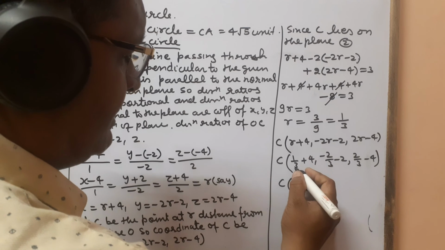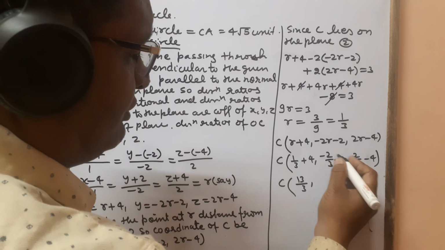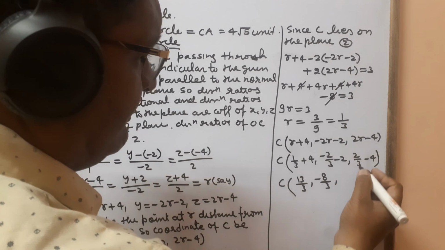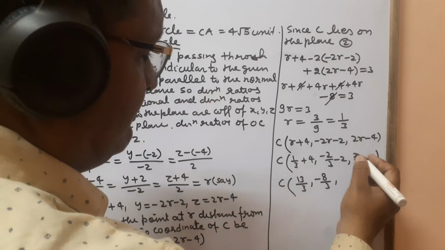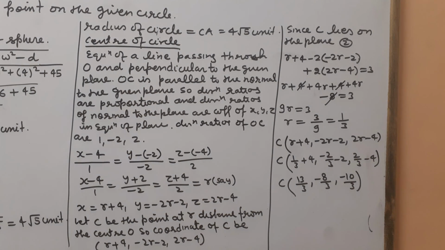Solve this, we get here 3 fours are 12 plus 1, 13 upon 3. This is 3 twos are 6, minus 2, minus 8 upon 3, and 3 fours are 12, minus 12 plus 2, this is minus 10 upon 3. So this is the center of the circle. Here the center of the circle is 13 by 3, minus 8 by 3 and minus 10 by 3.